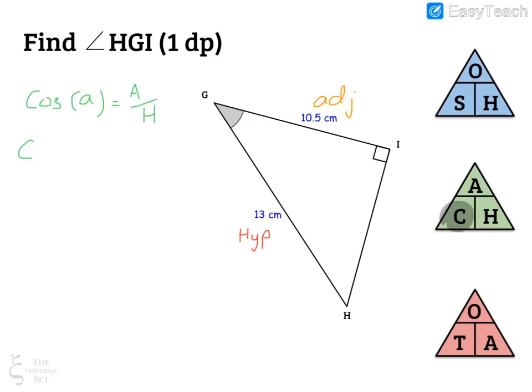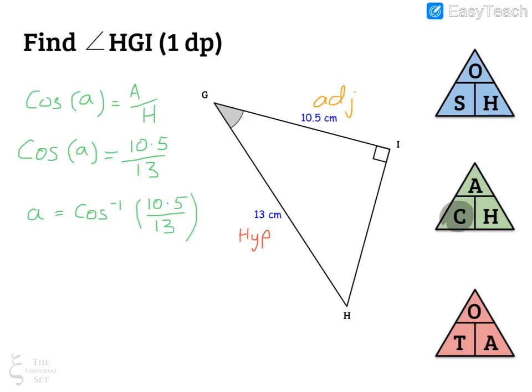So let's put some numbers in. That means cosine of my angle is equal to 10.5 over 13. Okay, I want to get the angle out of that, so the angle is equal to inverse cosine of 10.5 over 13.